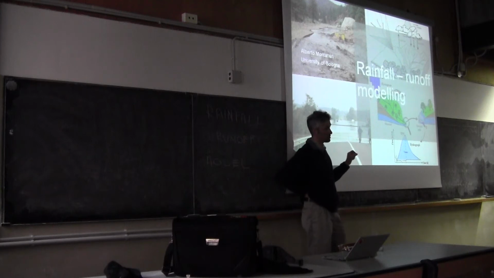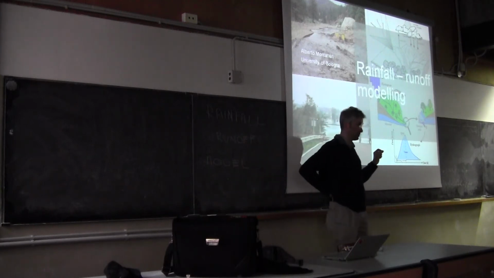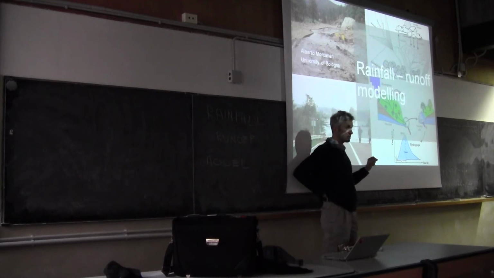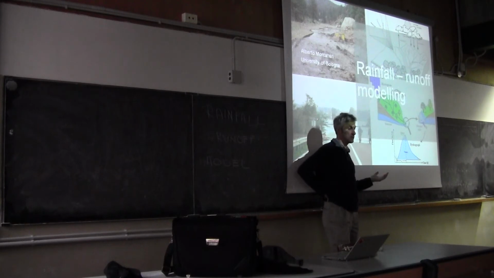We will consider here just simulation of past or hypothetical river flows. Hypothetical means river flows that never occurred, but we are interested in generating because we want more data. So let me be more clear.